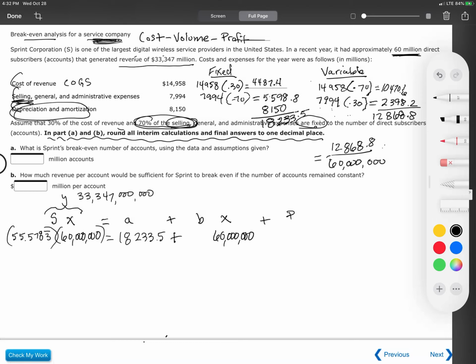And that will give us a variable cost per unit, 0.00021448. And that fits into here, kind of. I'll write really small, 0.00021448 times this plus P.